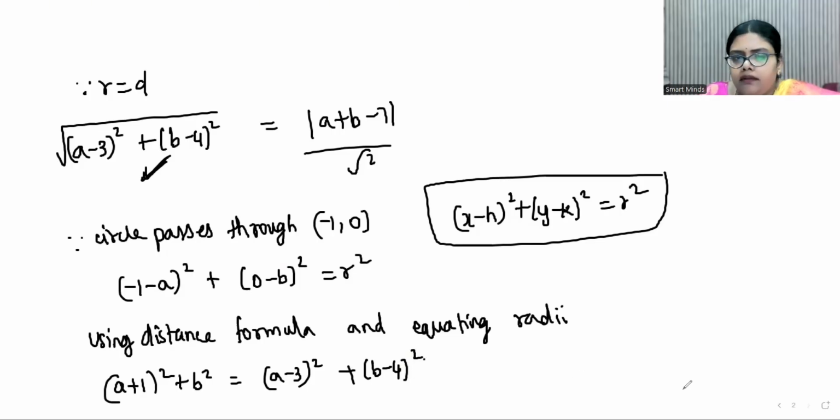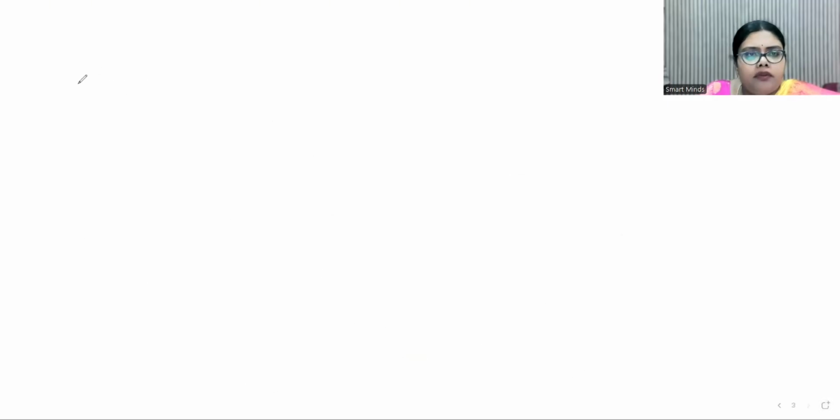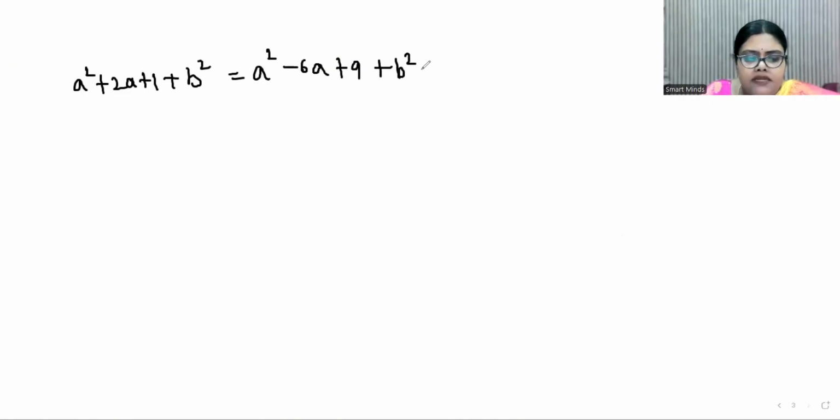Now you expand, you will get a square plus 2a plus 1 plus b square is equal to a square minus 6a plus 9 plus b square minus 8b plus 16. So that is nothing but 25 minus 6a minus 8b.